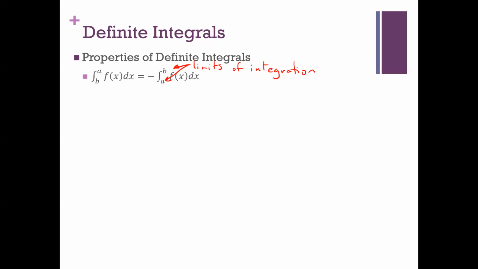What were our limits of integration on the last one we just did? 0 and 5. So they're the least and greatest values of the interval you're looking at. If you transpose those limits of integration, you get the same number but opposite. Based on the work we just did, I could ask you what the integral from 5 to 0 of x dx is.